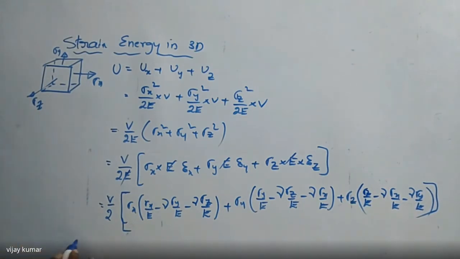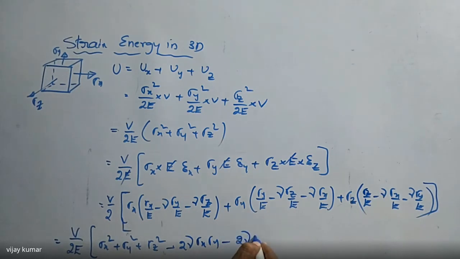Now from this one, I am writing V by 2E, 2E is common. Then I am writing directly sigma x square plus sigma y square plus sigma z square minus 2 times nu into sigma x into sigma y, minus 2 times nu into sigma y into sigma z, minus 2 times nu into sigma z into sigma x.